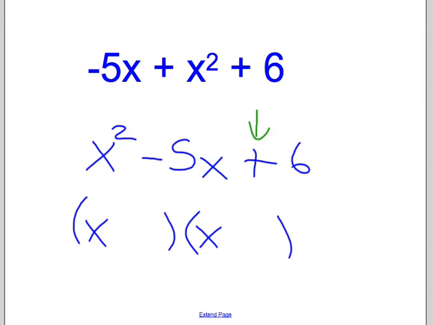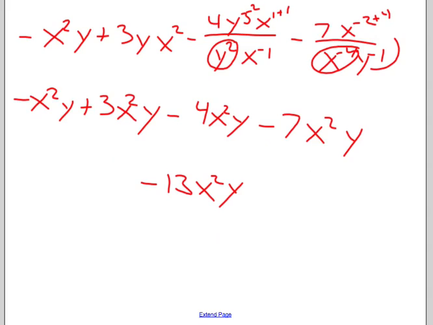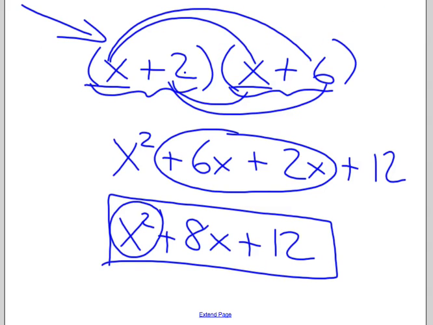If that's a positive, then what had to be true about the signs of each of the last? That'd be same sign. In order for it to be a positive, what had to be true about these two signs?